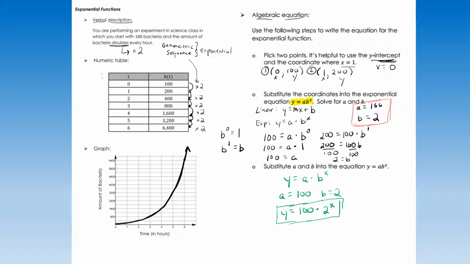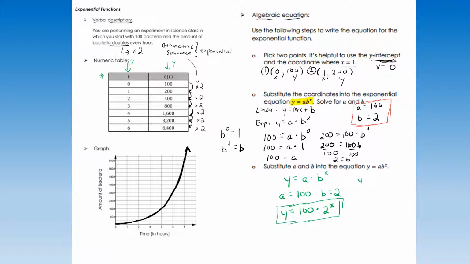Okay? If we replace x with this column here, right, this is x, if we replace x with these numbers, we should get these y values in this column. So let's take a couple just to figure this out. So we already know 0, 100, and 1, 200 work. What if x is 2?